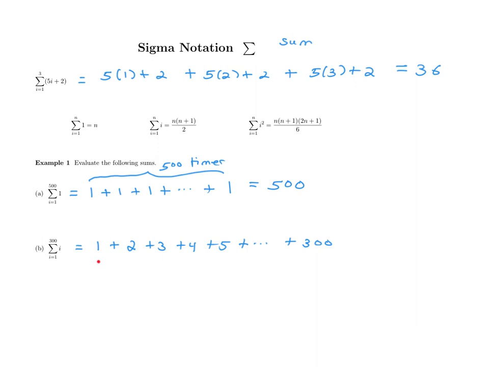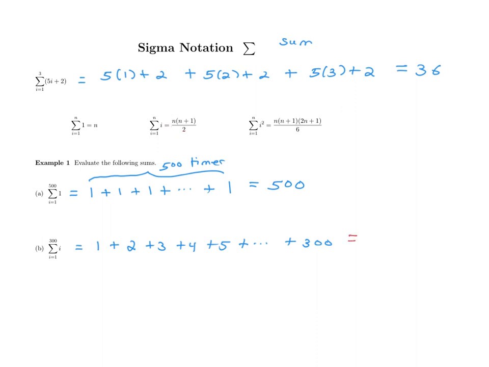Now, if you tried to do this in a calculator, it would take a very long time. But that's where this formula will come into play. Instead of actually doing the sum, what we can do is say, well, n is equal to 300. If I want to evaluate the sum, we can just put 300 in place of n in this expression.